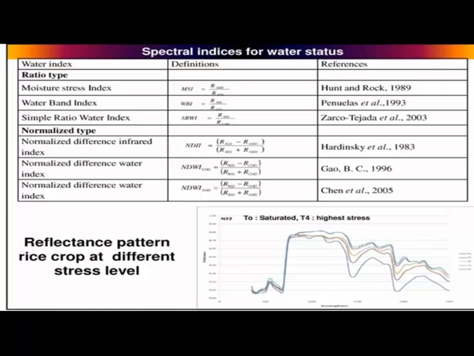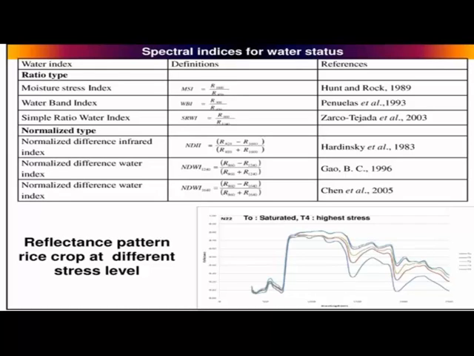At 820 there is hardly any change in reflectance with different water content, but at 1600 there will be a significant change with moisture stress. Same with the water band index, where 900 by 970 are the water absorption bands. Using those sensitive water absorption bands, these indices have been generated and can be related to the leaf water content to know how much water stress there is.